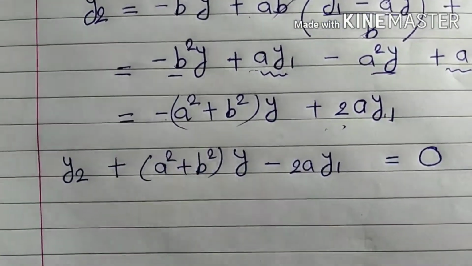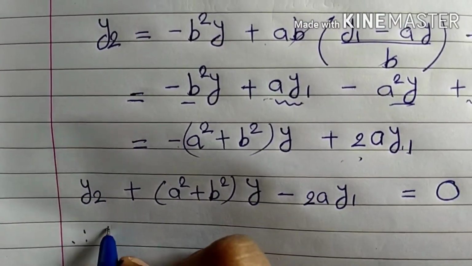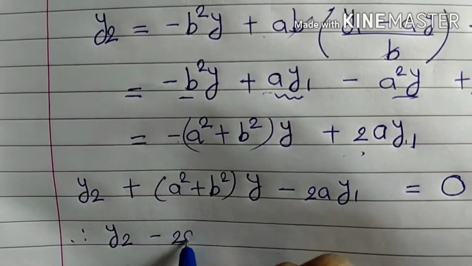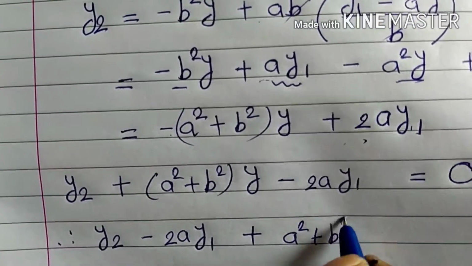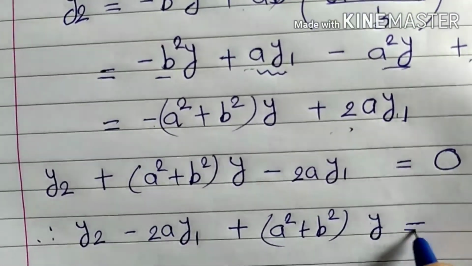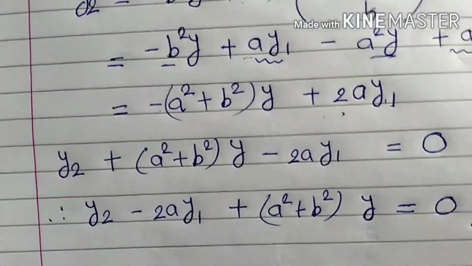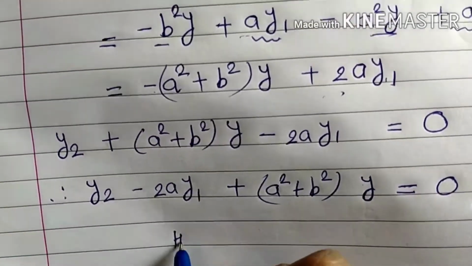So write it properly: therefore y2 minus 2ay1 plus a square plus b square y equal to 0. So it is our required equation.